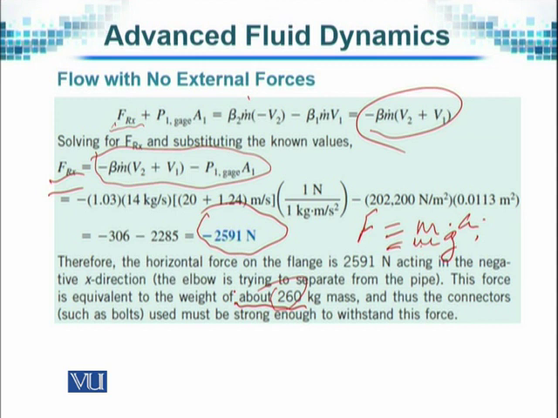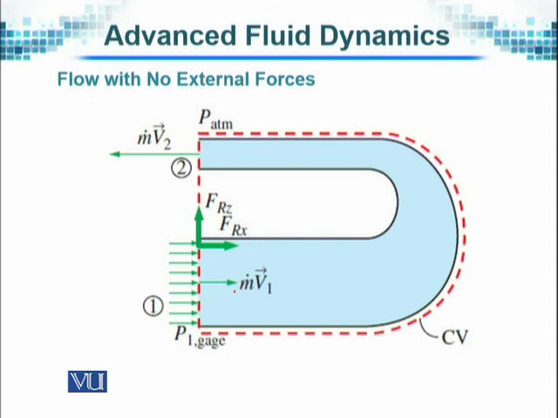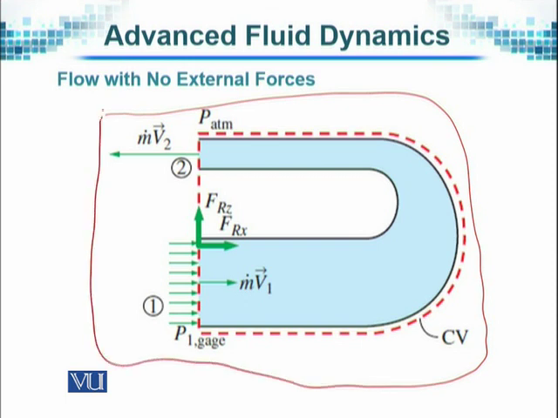So these are the things that we need to consider, and this is the diagram in which the reversing elbow is shown, and you can see the pressure and the control volume that has been considered in calculating the equation for momentum flux, and from there the other values that we needed to know, shown here as the dotted line in red.